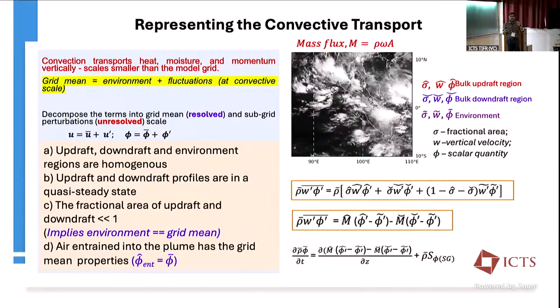That means the area occupied by the downdrafts or updrafts is much less than the environment. So the entraining air going into the plume is nothing but your grid air, that is, the environmental air. The last assumption, D, is that the air entrained into the plume has the grid mean properties, because the grid occupies a much larger space compared to the other two regions. The air entraining into the plume is nothing but your environmental air.